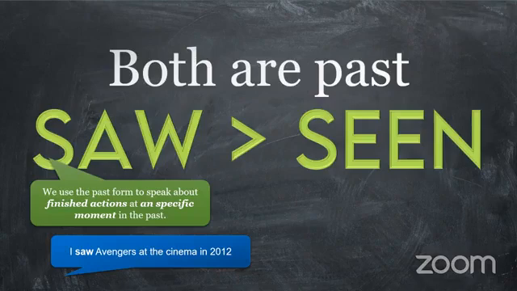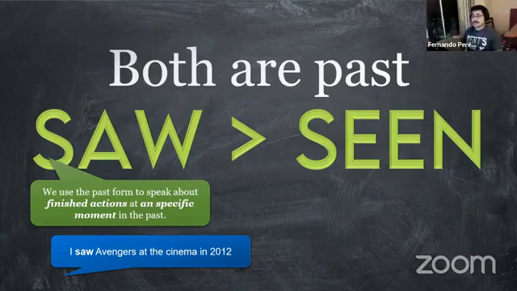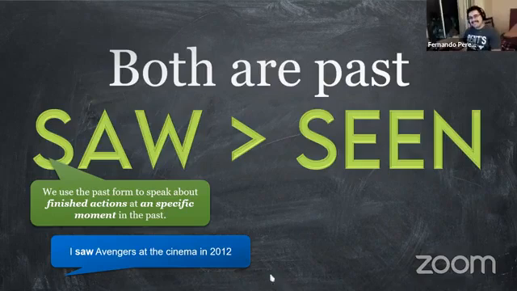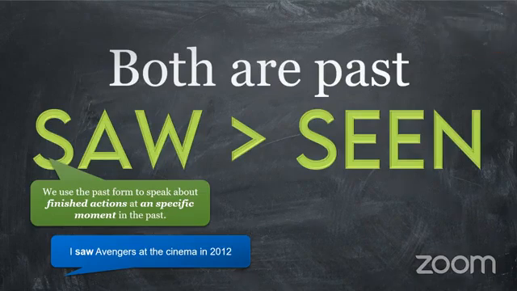You see? But if you talk about years, you only take the two numbers: 20, 12. 2012. This is 12. 11 is 11. That's right.